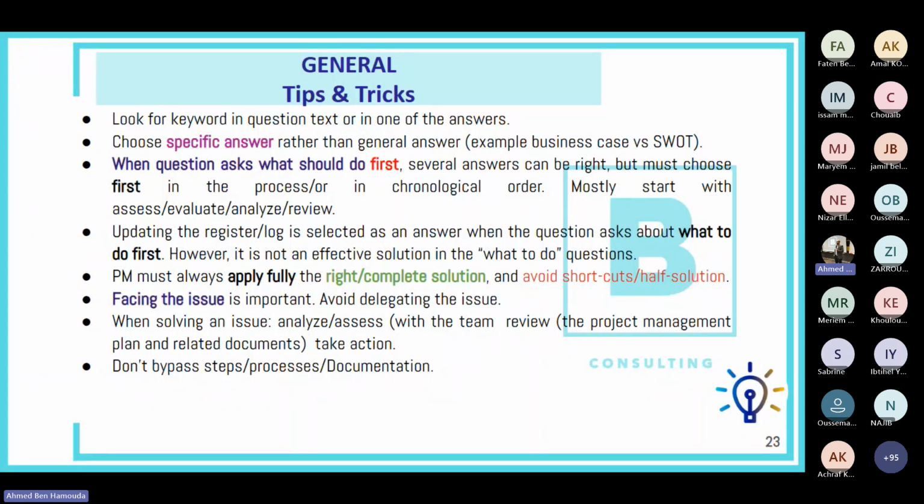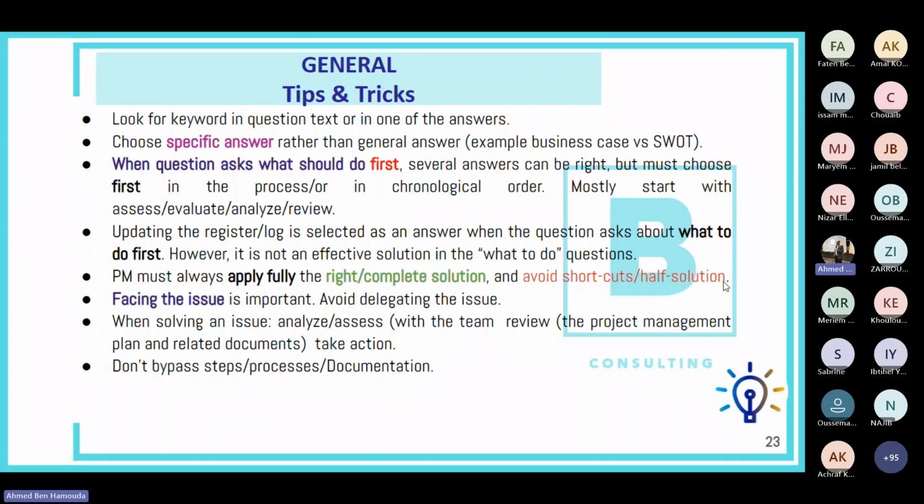You always pick the one that is the most complete, or containing the most or the right solution. One of the answers is definitely lacking something. So you always need to have this mindset that the project manager should pick the answer that contains the most complete solution or the right actions. You need to avoid shortcuts or half solutions.